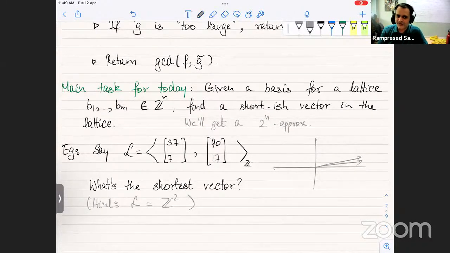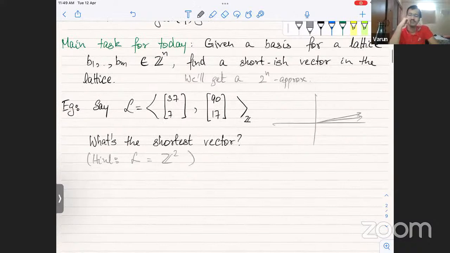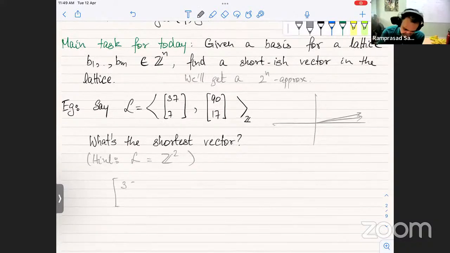So maybe let me give an example as to why this is the case. Why is it the case that the lattice is equal to Z2? Suppose you know that the lattice is equal to Z2, that is, someone has given you this hint. How would you prove this? Let's just try the most obvious thing. So this is 37 and 7, and this is 90 and 17.